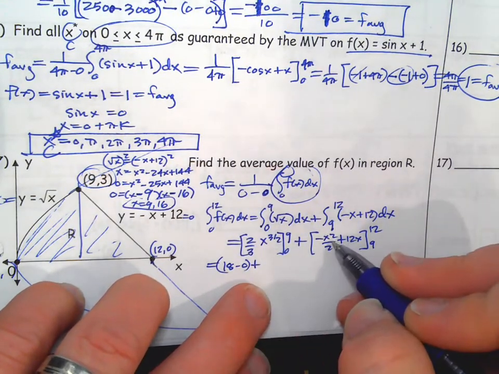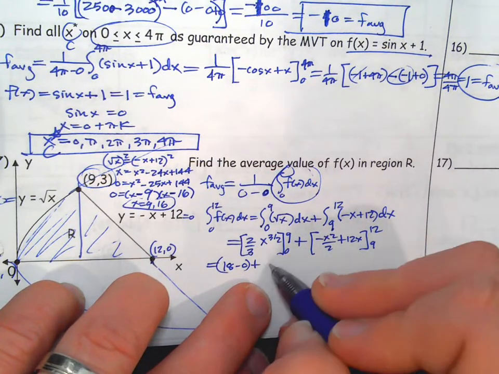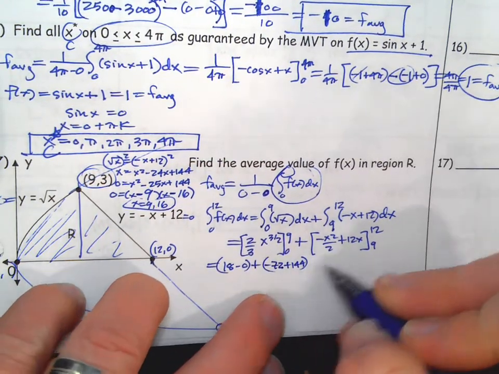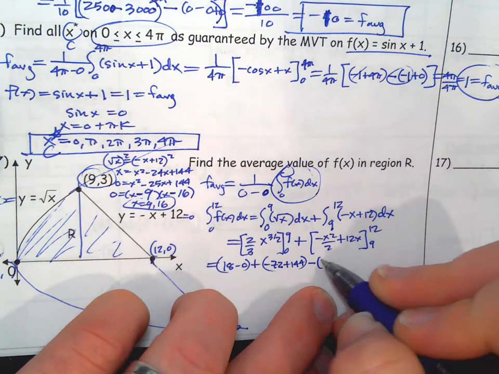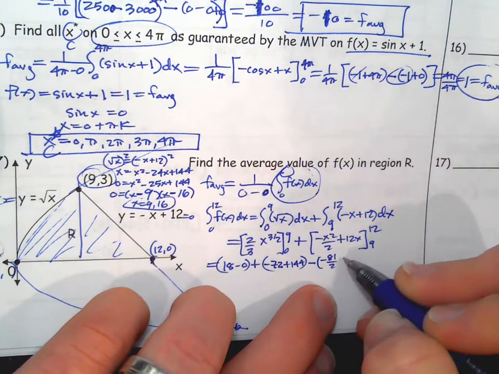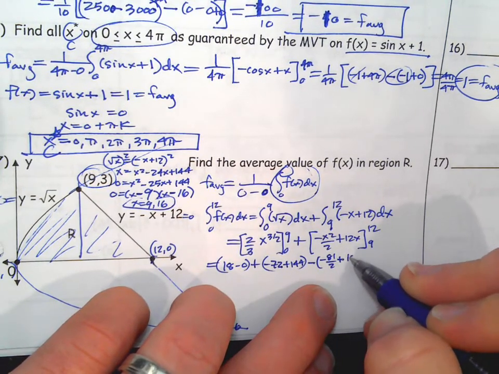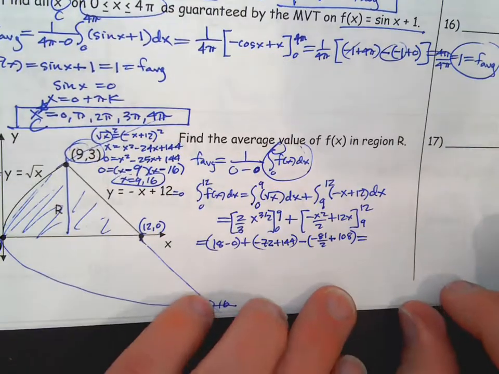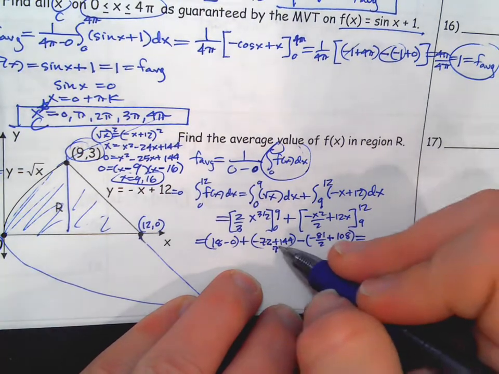Then plugging in 12, negative 144 over 2 is negative 72, plus 144. And then we plug in 9, which is negative 81 over 2 plus 108. I'm just finding this area is annoying. Okay. So this is going to be 72.